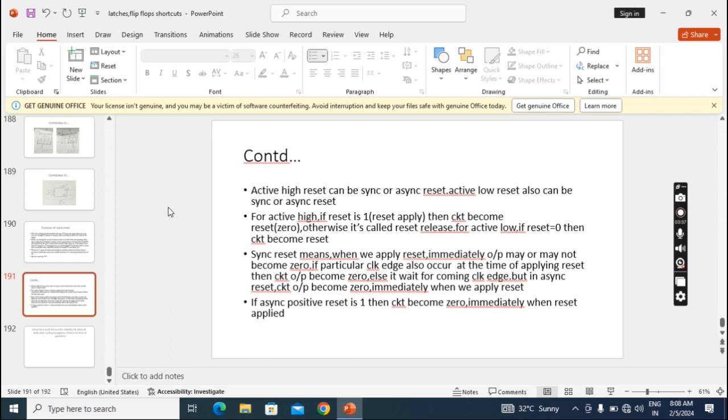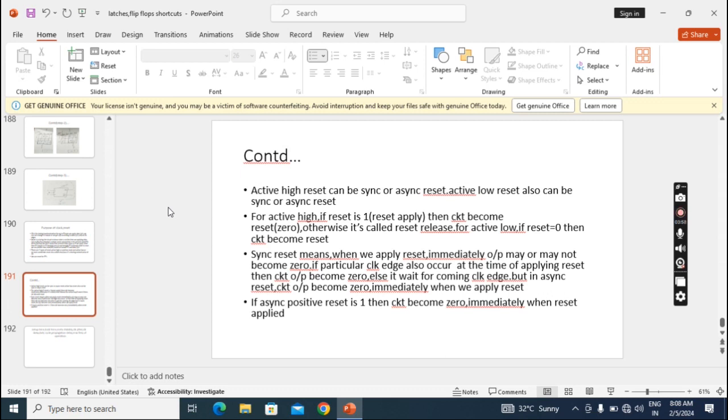At that time the circuit becomes 0. So it is in sync with clock. That's why synchronous reset. Suppose if we take asynchronous reset, immediately when we apply reset, the circuit output becomes 0. It won't wait for the clock edge. That is called asynchronous reset.